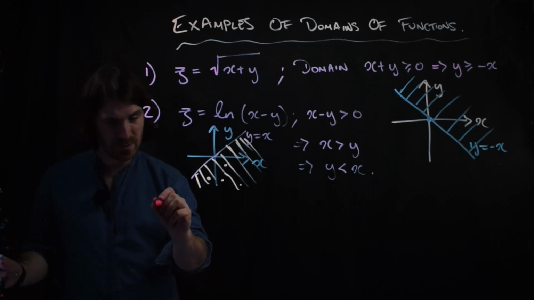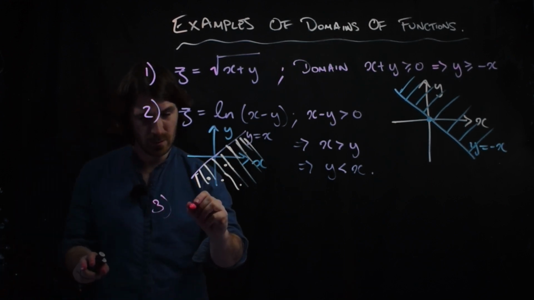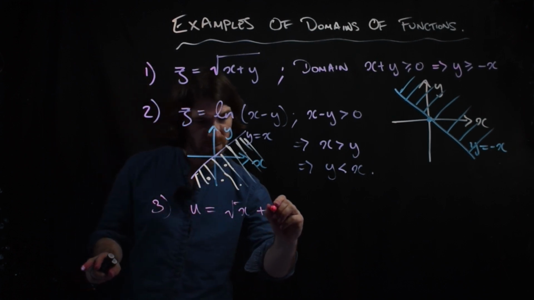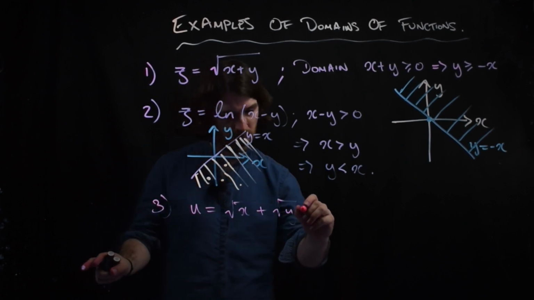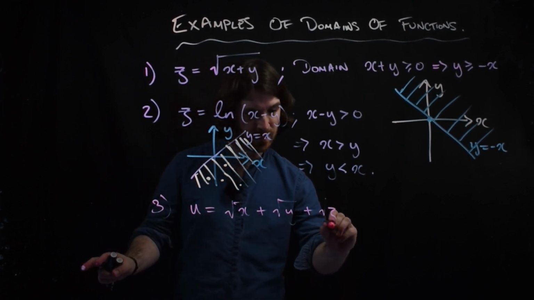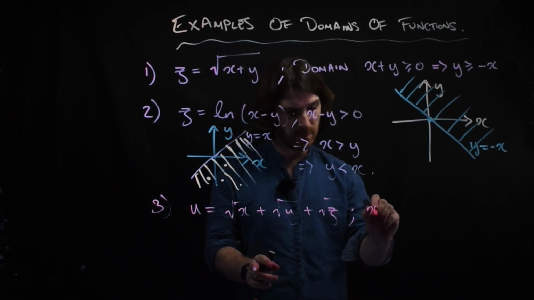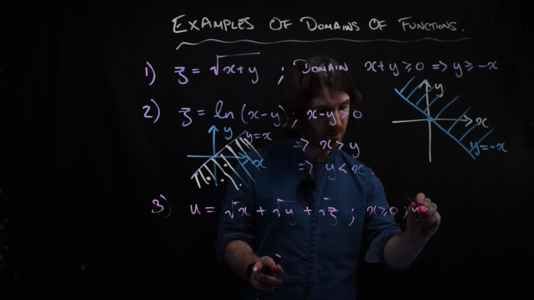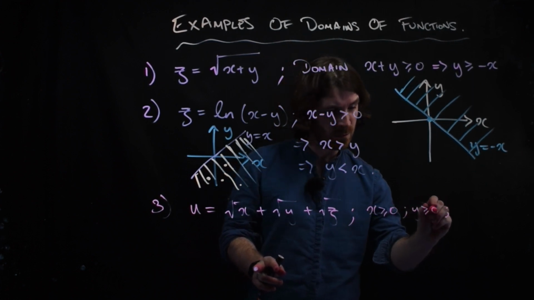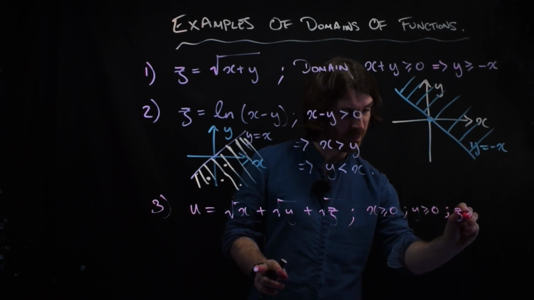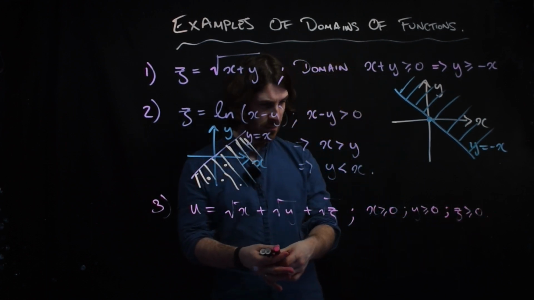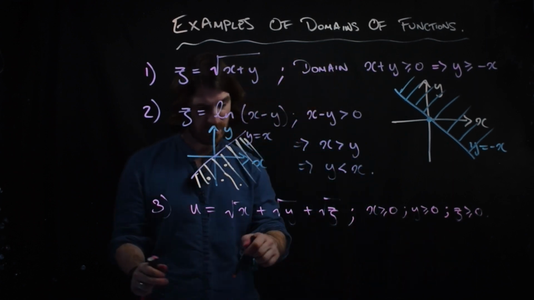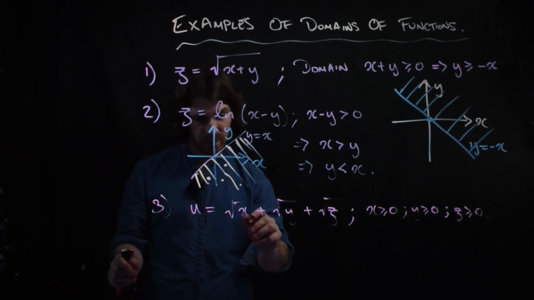Let's think about a third example. u equals the square root of x plus the square root of y plus the square root of z. And let's define the domain as x greater than or equal to 0, y greater than or equal to 0, and z greater than or equal to 0. This lives in the first octant of your three-dimensional space.